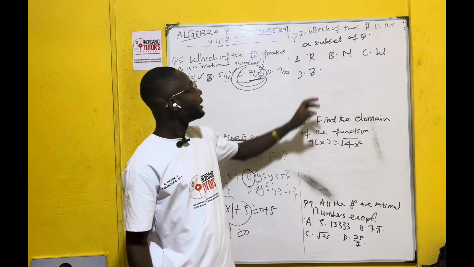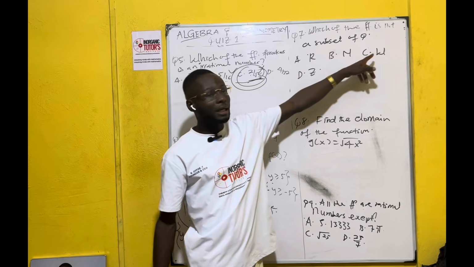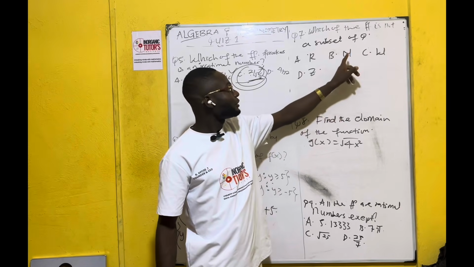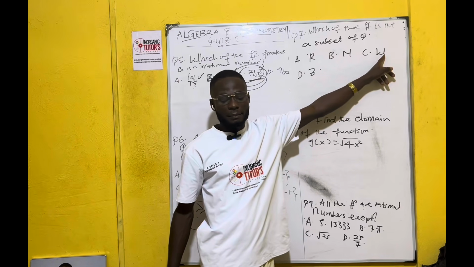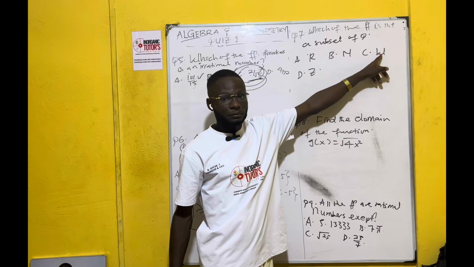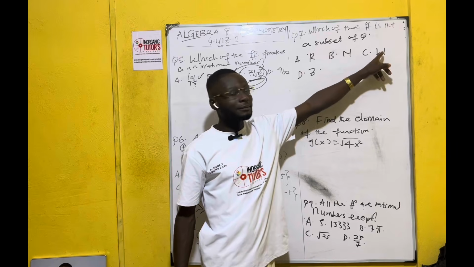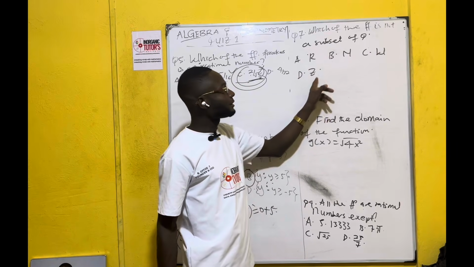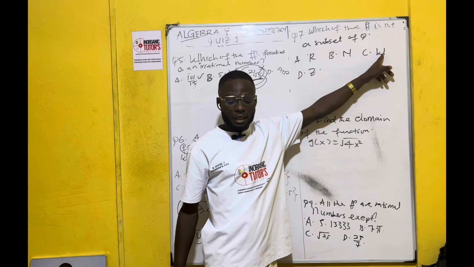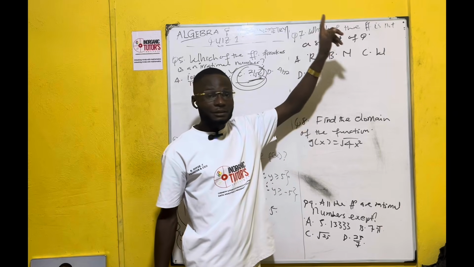So remember, natural numbers are a subset of whole numbers. Integers are also a subset of whole numbers, and rational numbers are a subset of what?